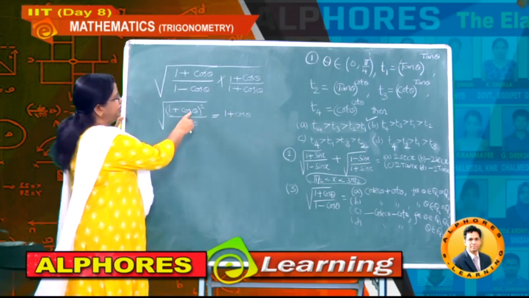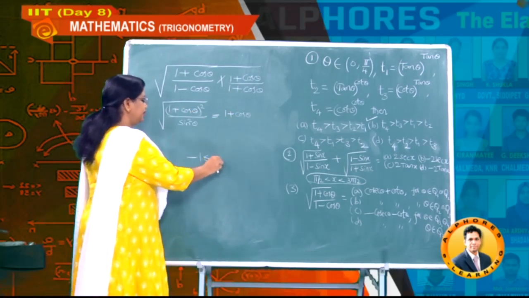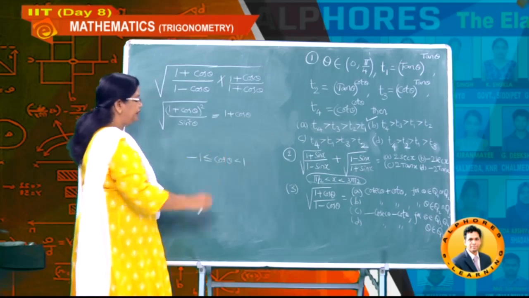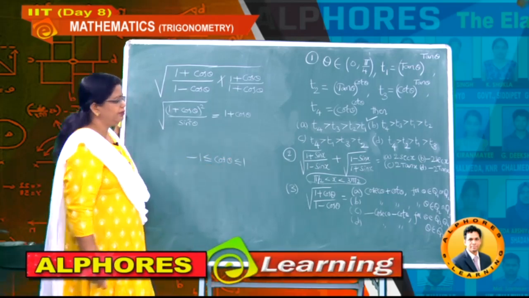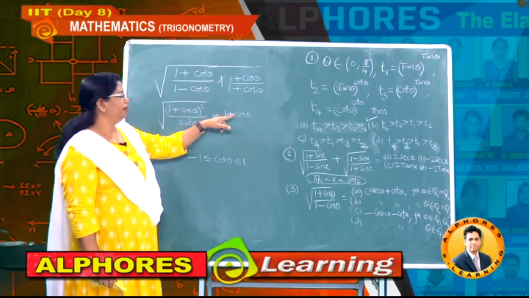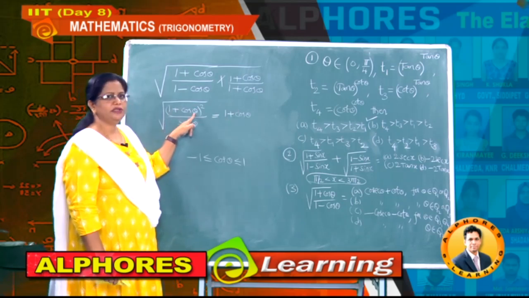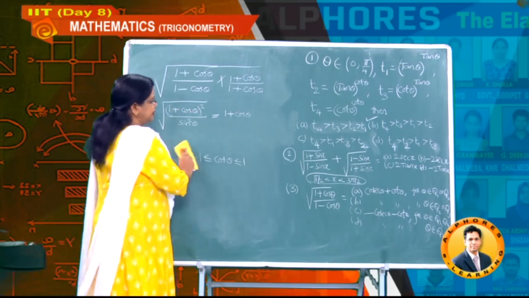Nothing to mention about the quadrant here, because cos is also between minus 1 and plus 1, and therefore this is always positive within the domain. So directly in the numerator, there is no need of checking the quadrant, because 1 plus cos and 1 minus cos are always greater than or equal to 0.